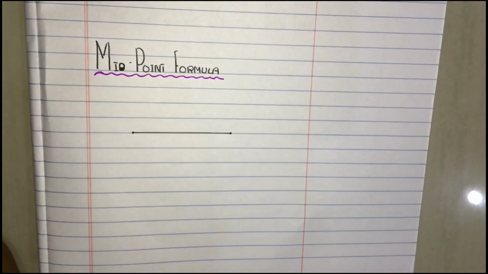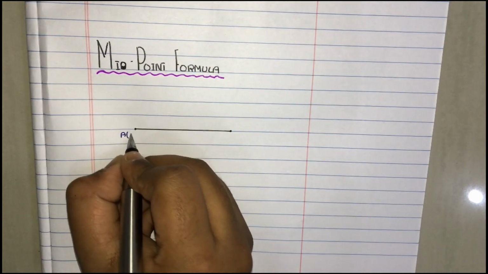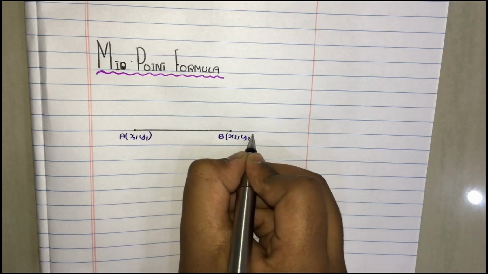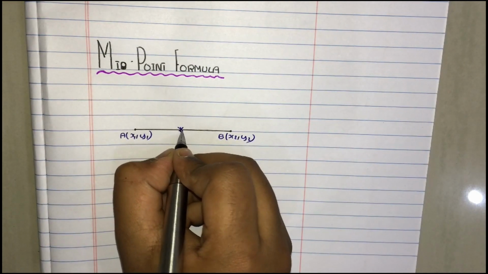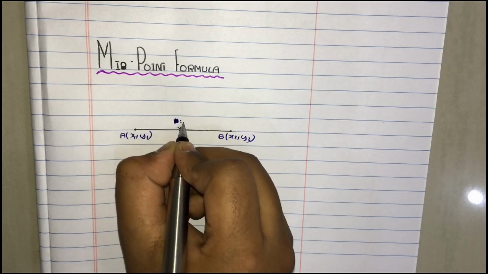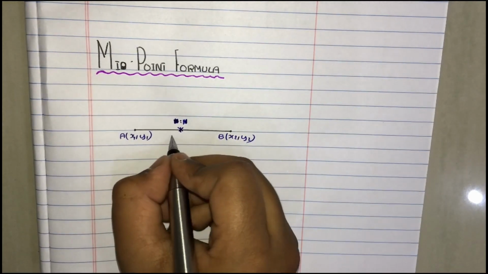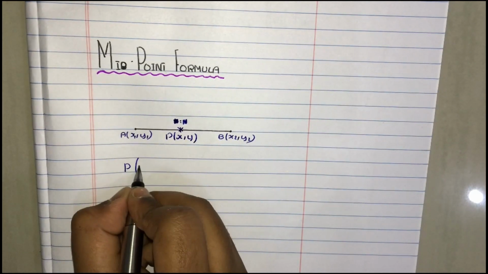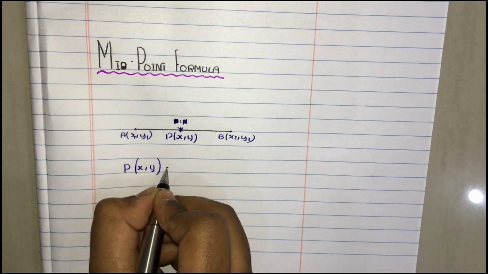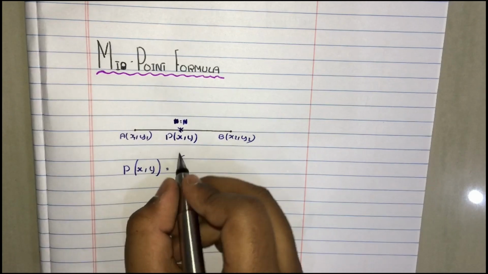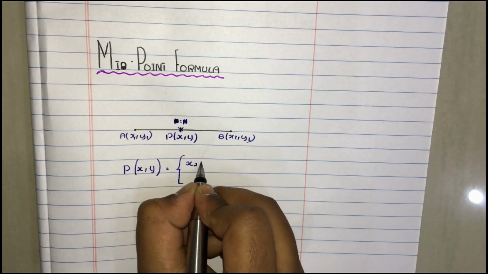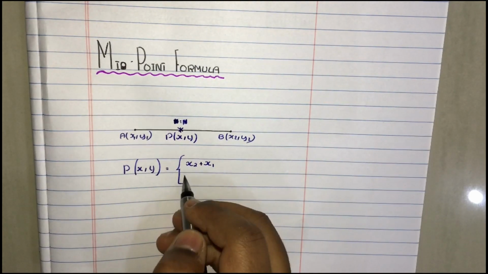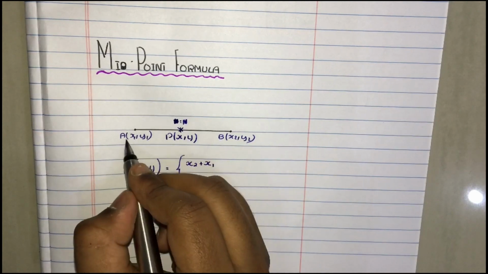Now let's see midpoint formula. So 2 points again, A x1 comma y1 and B x2 comma y2. Now this is the midpoint of this, which is 1:1, because it's the half, and this point is known as x comma y. So P of x comma y is equal to x2 plus x1, or x1 plus x2, because 1 into x2, which is x2, and 1 into x1, so x1.